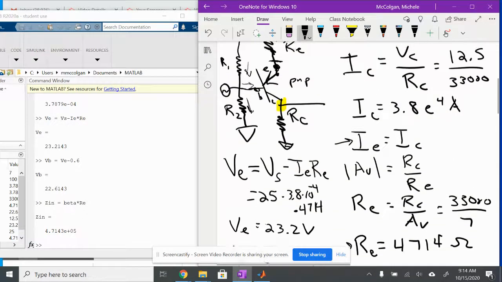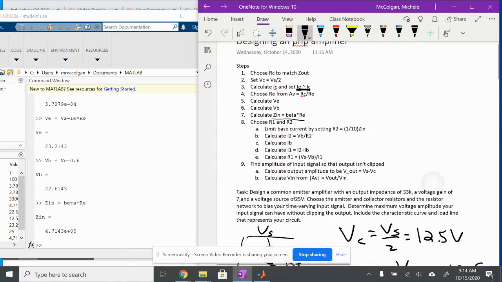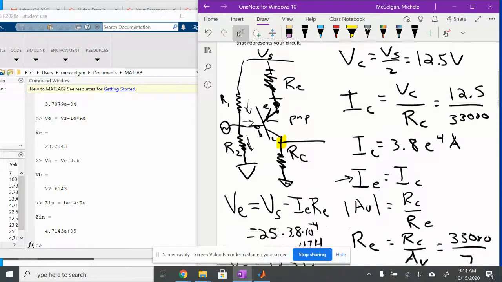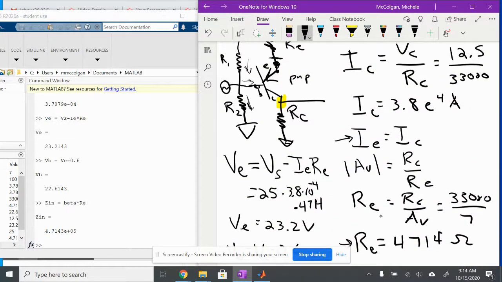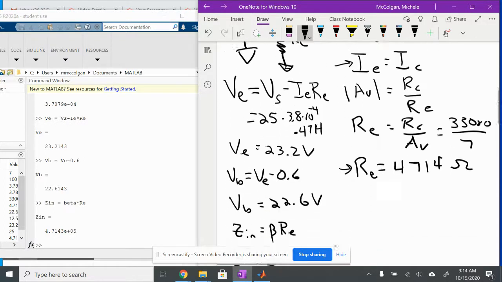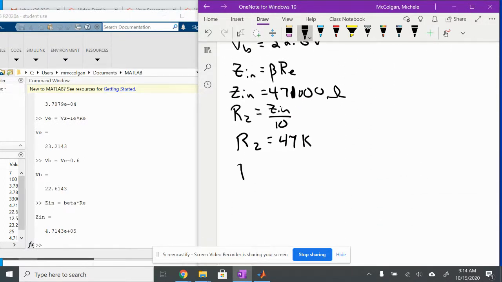Okay, and we can figure out now, we can calculate I2, because if we know what the resistance is for R2 and we know what VB is here, then we know that the voltage drop across here is VB, and so we can calculate the current. So then I2 is going to be VB over R2.